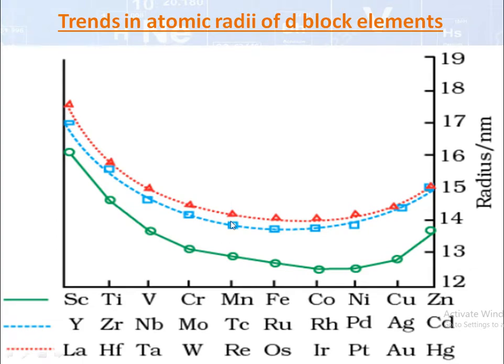So the 4d and 5d atomic radii are nearly similar. We can conclude that atomic radii decrease as we move from left to right in a transition series, and increase as we move down the group.